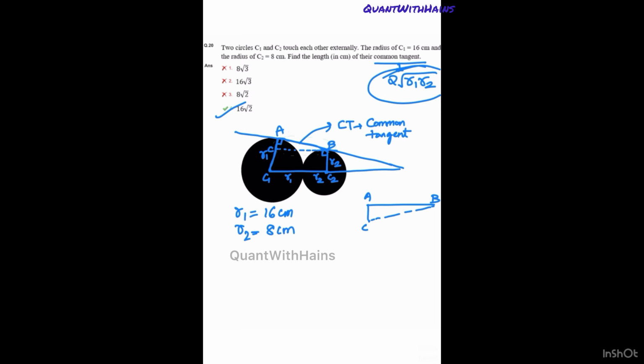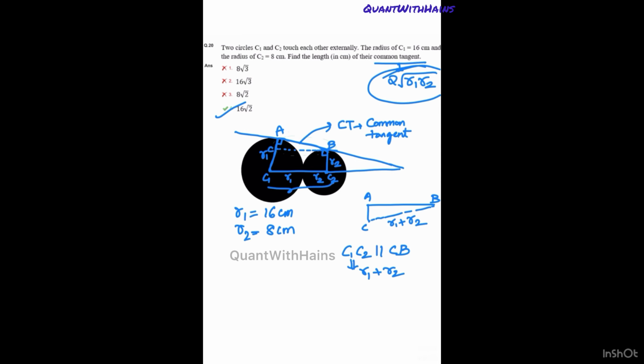Now C1C2 is parallel to CB. That means this value, the hypotenuse, is R1 plus R2, because the distance between centers C1 and C2 is R1 plus R2.